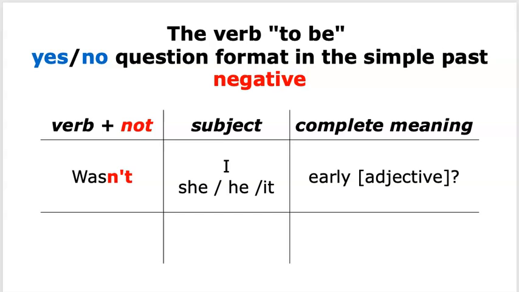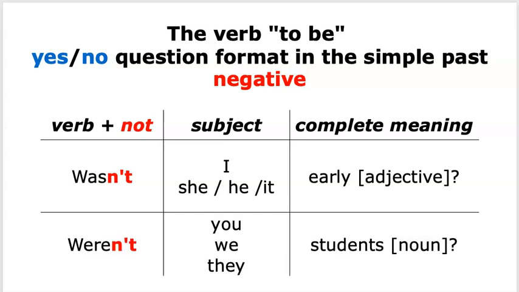I also use wasn't if my subject is she, he, or it. We use weren't when our subject is you, we, they. For example, weren't they students? And notice, in this question format, it is very common to use the contraction.